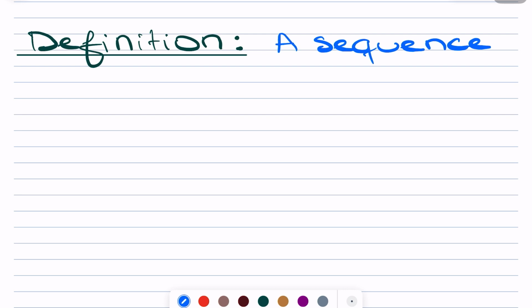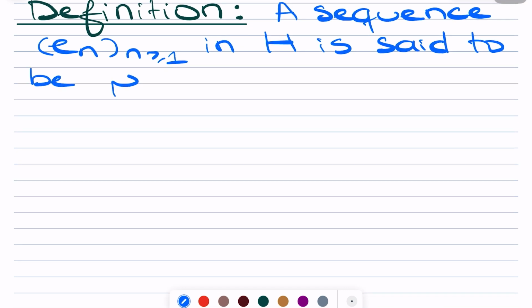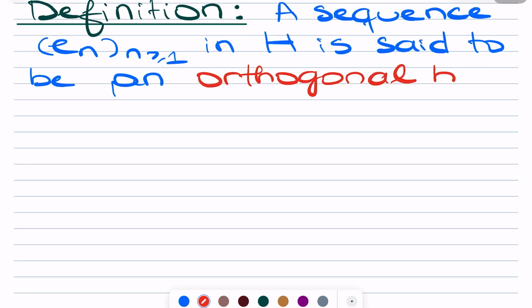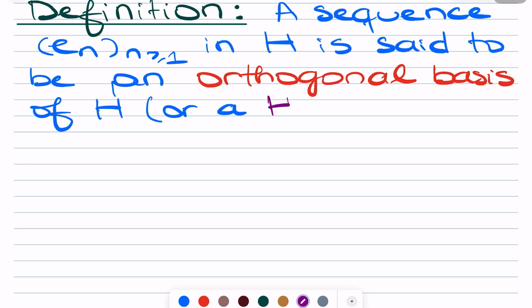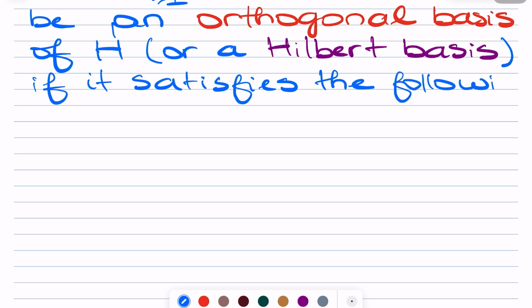A sequence, say e_n, in H, the Hilbert space H, is said to be an orthogonal basis, or Hilbert basis, if the sequence e_n satisfies the following properties.